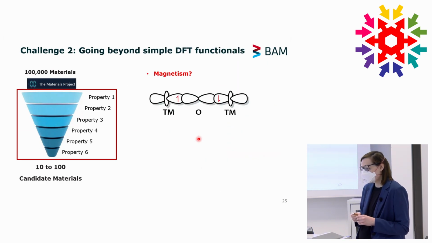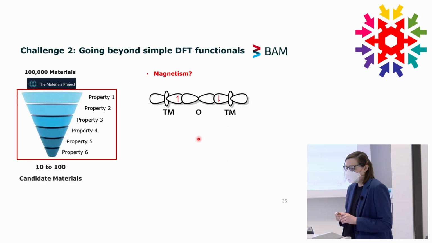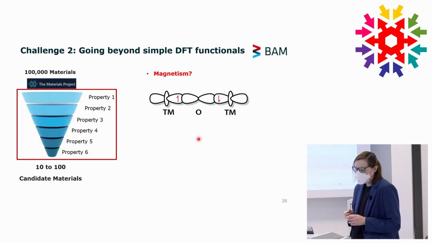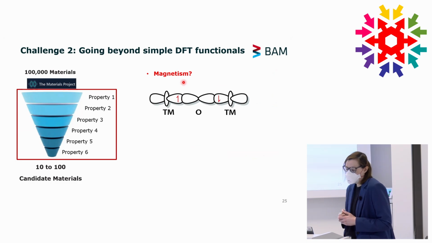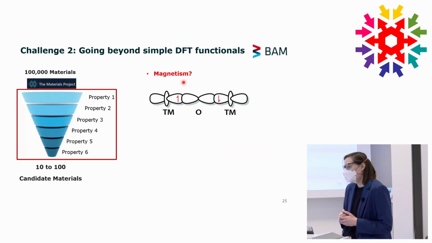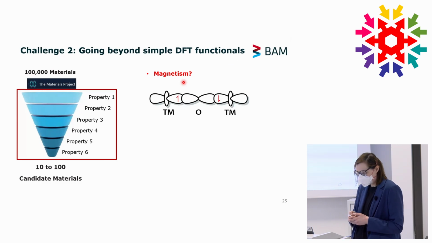The other point is that we're very often still using very simple DFT functionals as well. And one problem that I would like to talk about is how we maybe can include magnetism by machine learning in these kinds of searches.